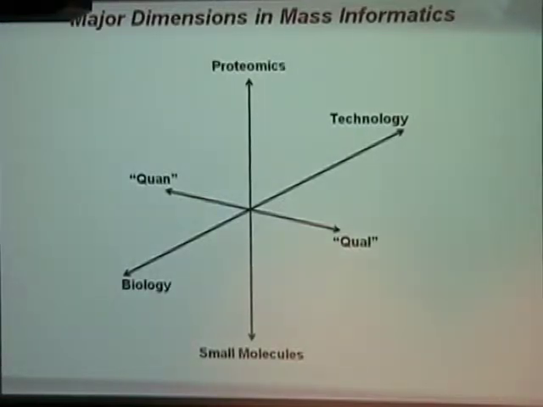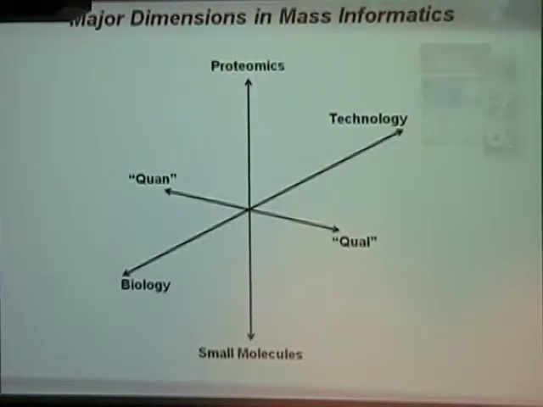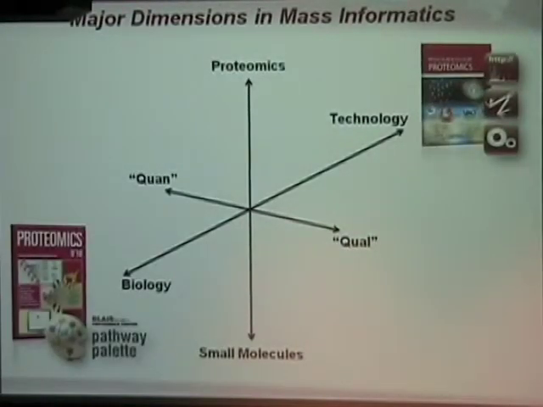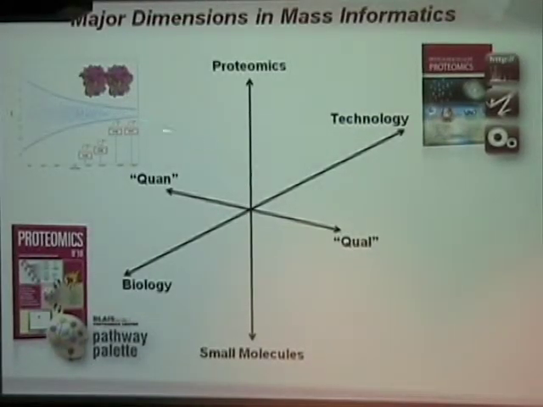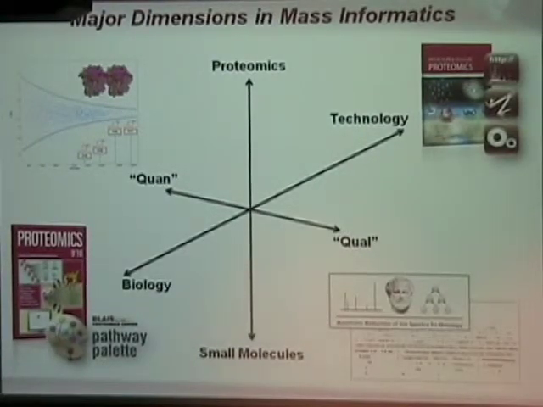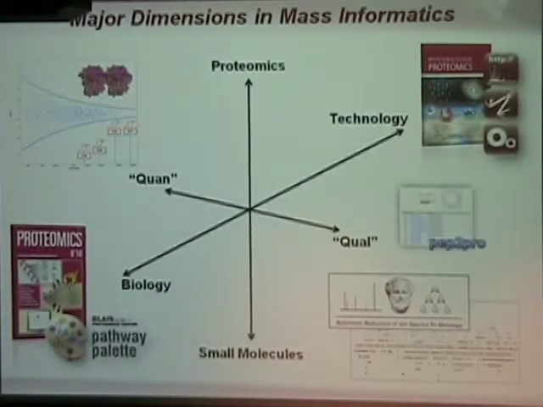So basically, the premise is that when you're looking at spectra with a mass spectrometer in the life sciences, you're doing this for a multitude of reasons. You might be interested in the technology itself. You might be interested in the biology that it generates. You might be interested to do quantitative work, or you might still be focusing primarily on ID, whether it's for small molecules or peptides.